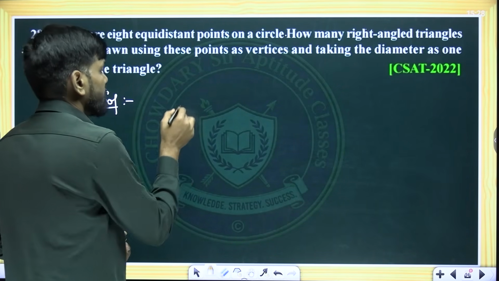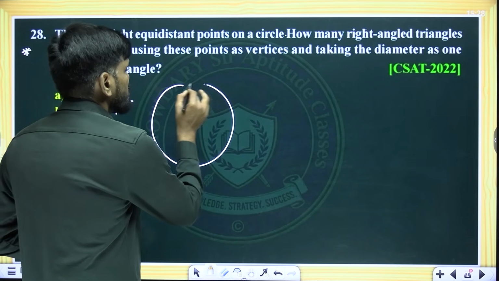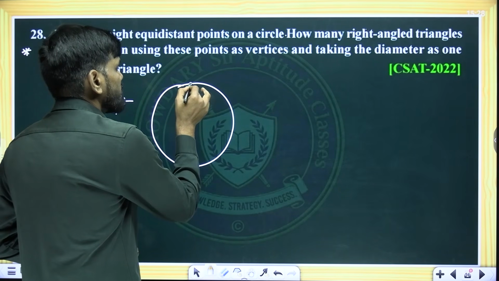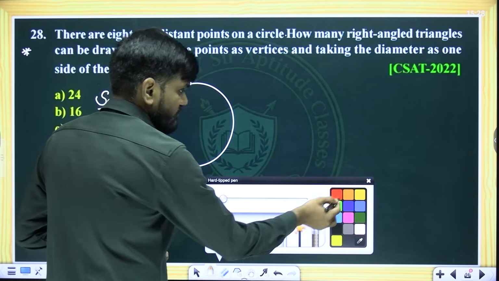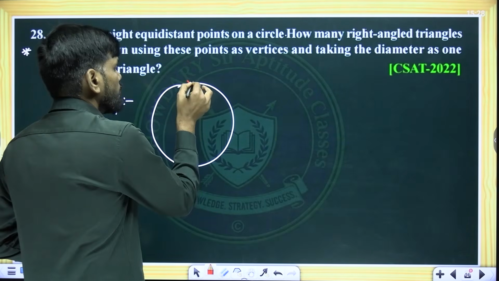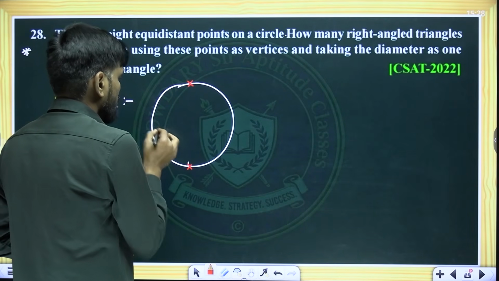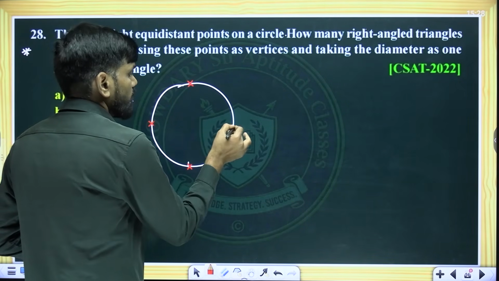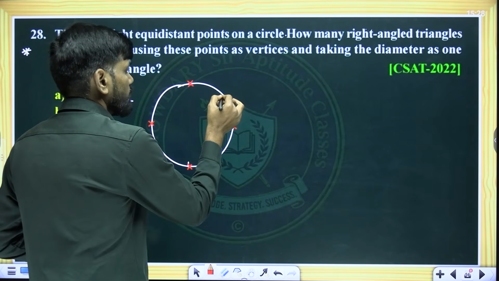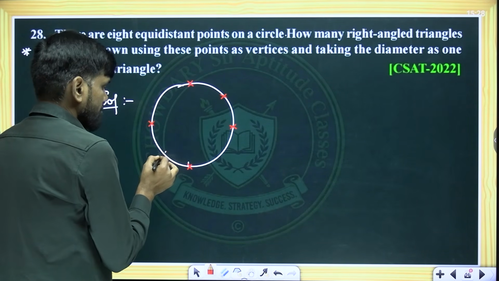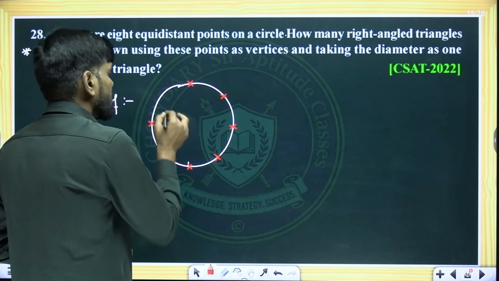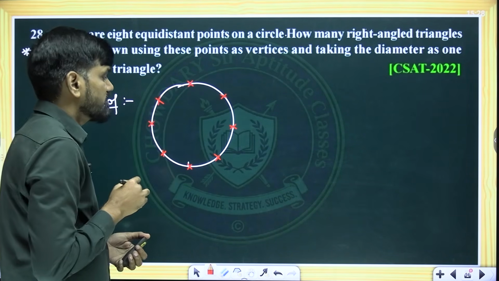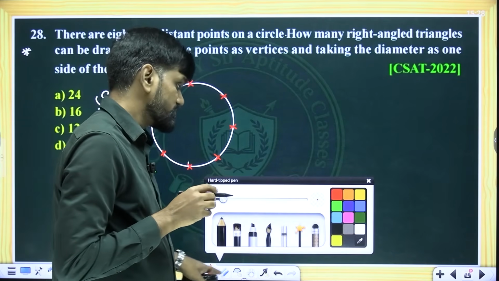Now going ahead, if you take the circle into consideration, as they are saying 8 equidistant points, 1, 2, 3, 4, 5, 6, 7, 8. These are the 8 equidistant points.